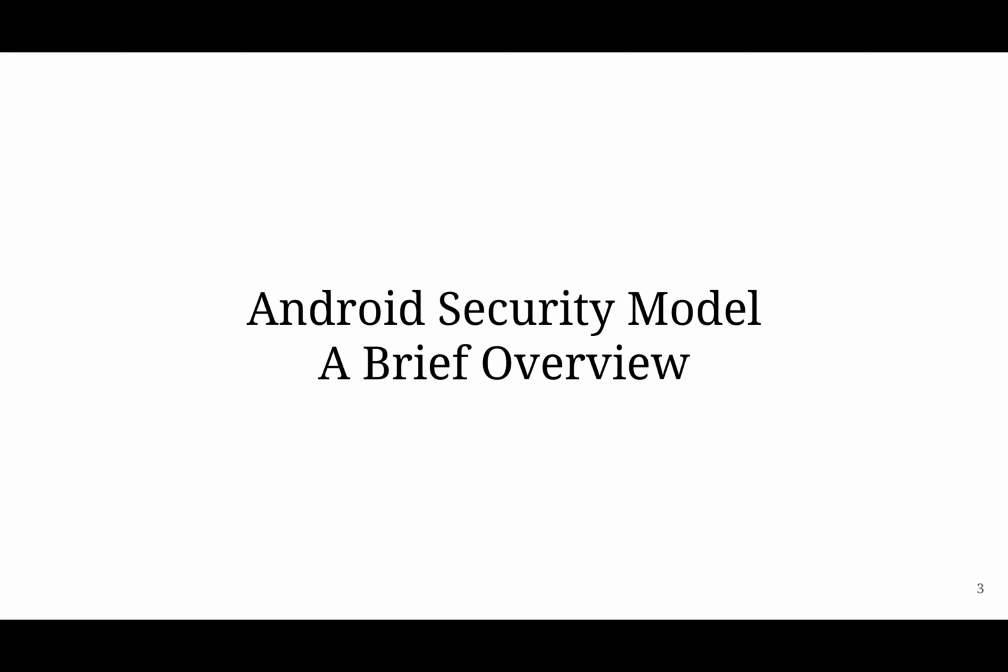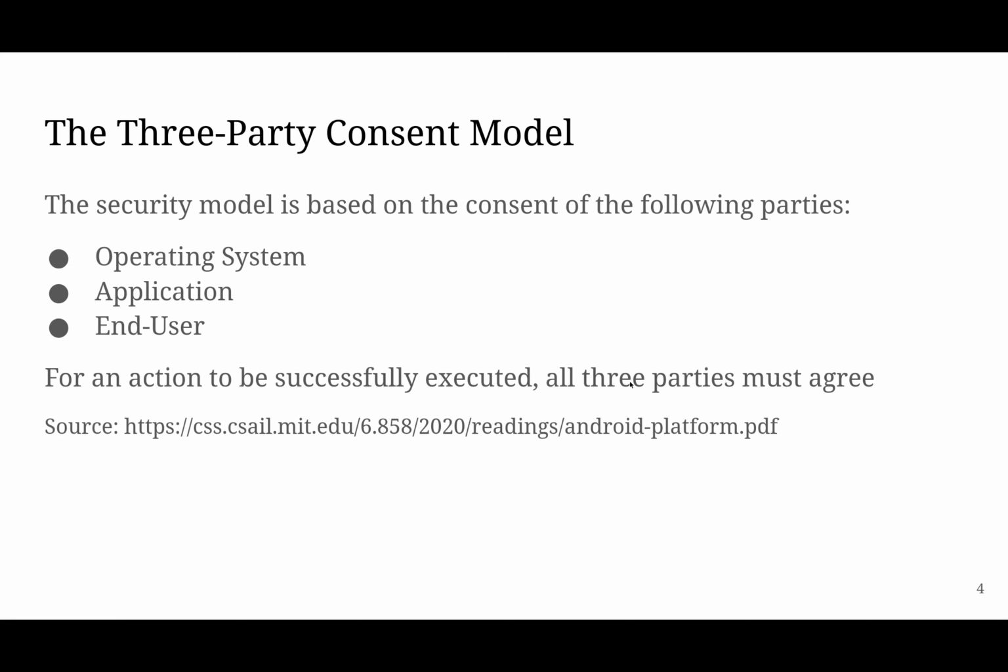Let's talk a bit about the security model of Android and understand why it is built the way it is. To understand the security model, we can look in the original papers from the developers of Android. An important property of the security model of Android is that they pioneered this three-party consent model. If you see this linked paper, it's actually very interesting.